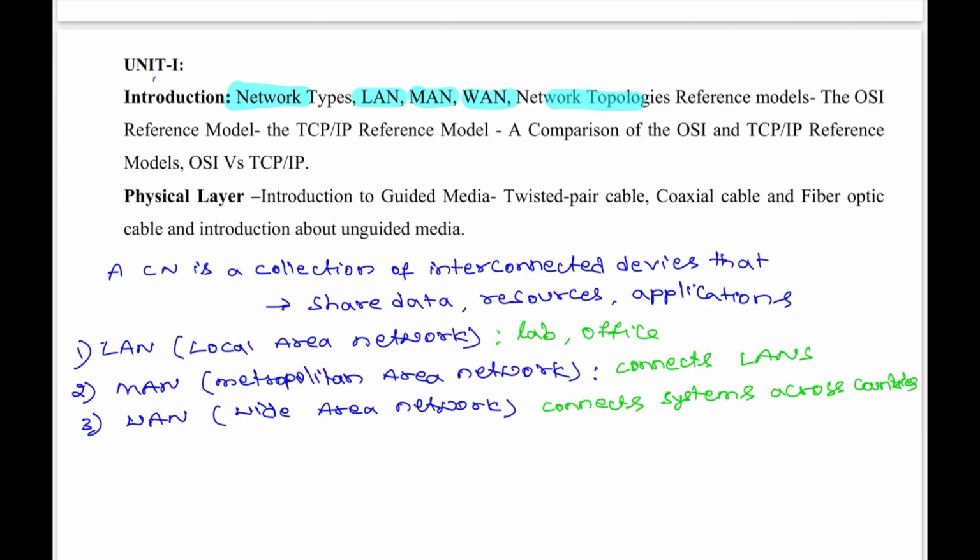Generally we have 3 to 4 network topologies like bus topology, star topology, ring topology, and mesh topology. They are the popular topologies that we're going to understand in the unit 1.